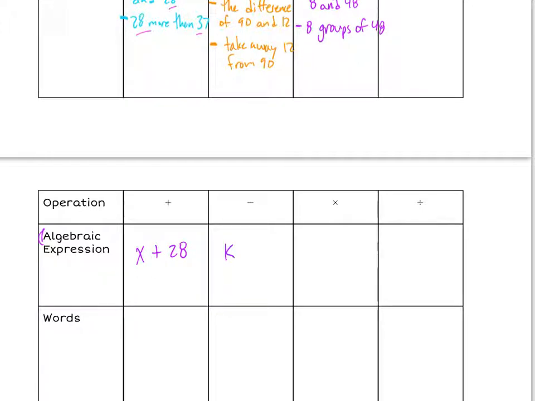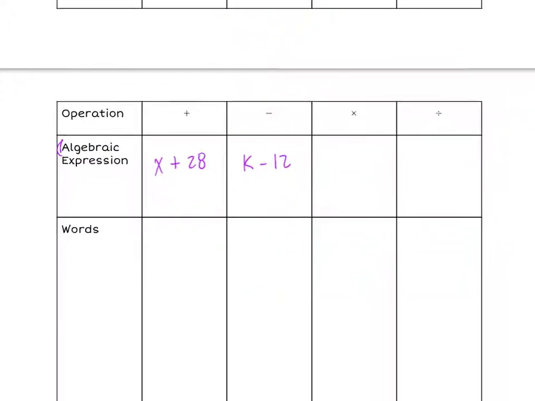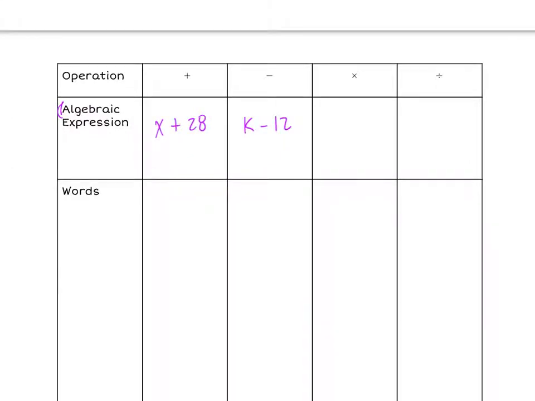Let's try k minus 12. This one you could write multiple different ways. 8 times w with a dot. You could write 8w just next to each other.